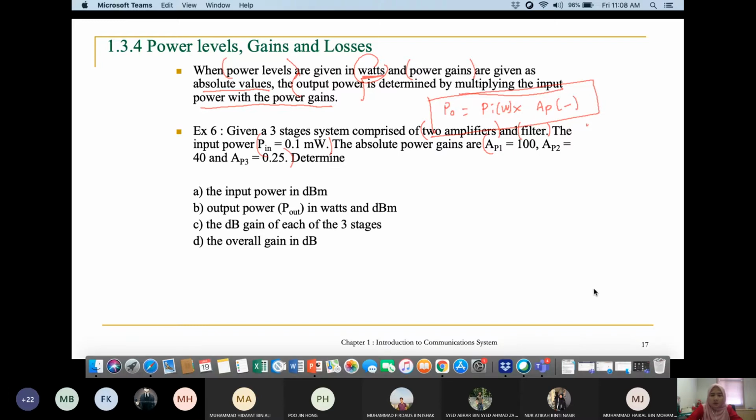To solve this kind of question, if no figure is given, to make it easier for you to understand the statement, you can draw the system.